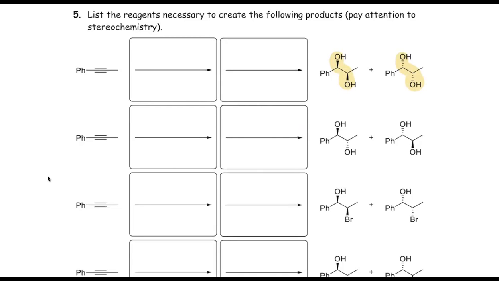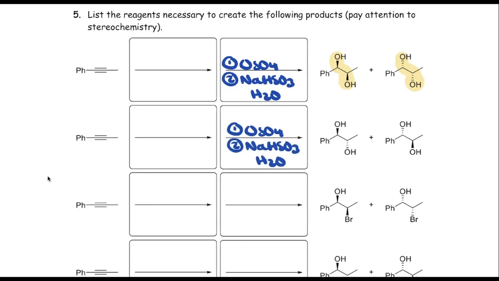So these two vicinal alcohols right here, we know that the reaction for this would have to be OsO4. And that would apply for both of these reactions.